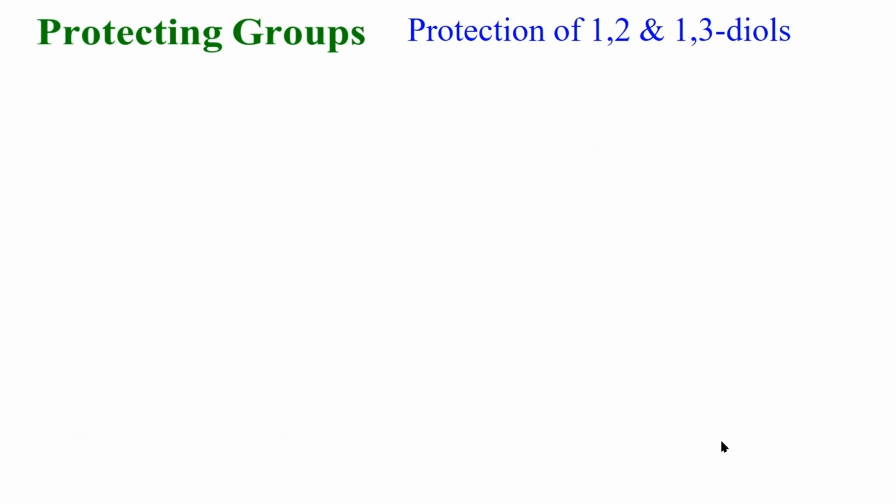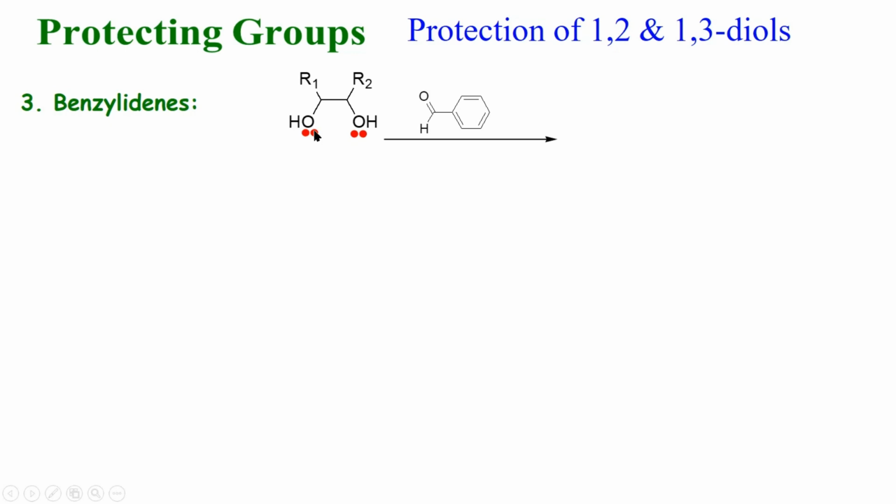1,2 diols and 1,3 diols can be protected in the form of benzylidines. To form benzylidines, instead of using cyclopentanone or acetone, we use here benzaldehyde. The lone pair electrons present on the oxygen of the OH group is shared with the carbonyl carbon in the presence of an acid, and the pi electrons move onto oxygen making it OH, and in the presence of acid OH gets protonated to OH2+.